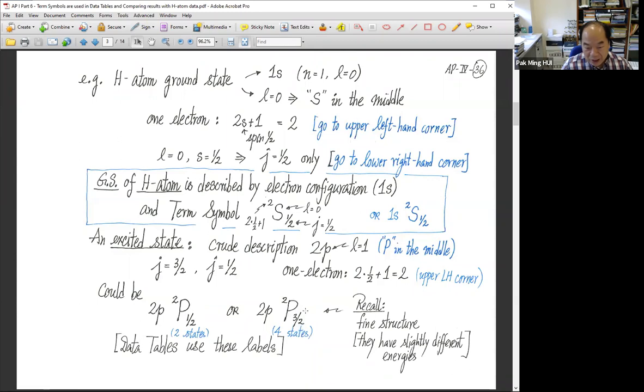And then you will have spin, but you have only 1 electron, so spin is always half. Therefore, the spin multiplet is 2, that is 2S plus 1. To make sure that you can trace where it comes from, this will be the label for the excited states of hydrogen. It seems complicated, but if you think about it, there is no more new information.